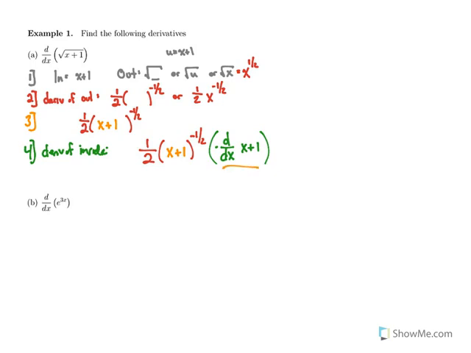This derivative tells me I have something else to do. I have to take that derivative, and that derivative is just 1. This is 1/2 x plus 1 to the negative 1/2, which you could write as 1 over 2 square root of x plus 1.